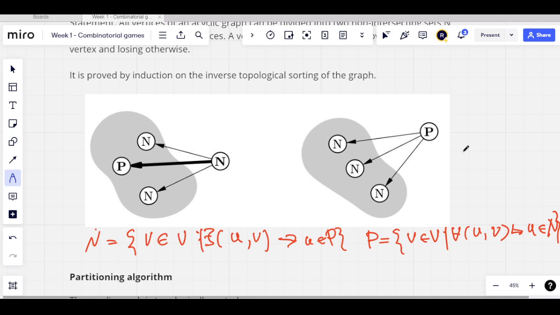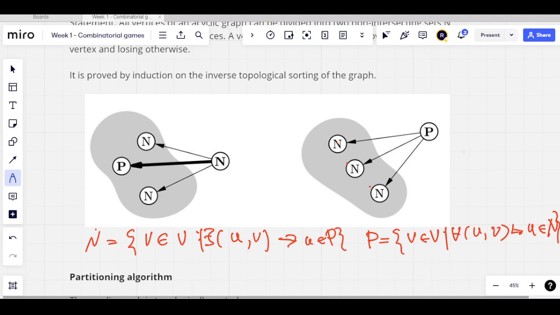The induction is correct because if we are located in some vertex, we know all the marks, because we have already visited them.